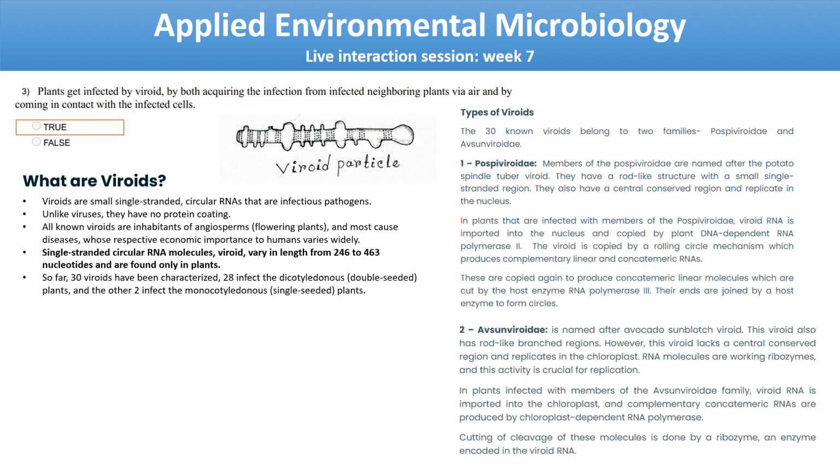Now the plants that are infected with members of this family, the RNA of the viroid gets imported into the nucleus and is copied by the plant DNA-dependent RNA polymerase, and then the viroid is copied by a rolling circle mechanism which produces complementary linear and concatemeric RNAs.